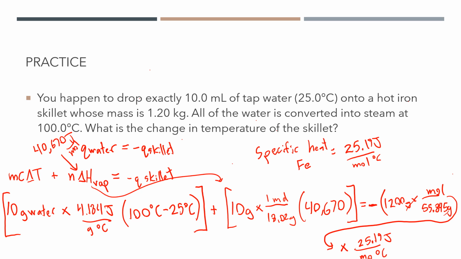Then we have to do our change in temperature. And then if we were to solve that out algebraically, I'm just going to show the answer real quick. Your change in temperature is going to equal negative 47.5 degrees Celsius.